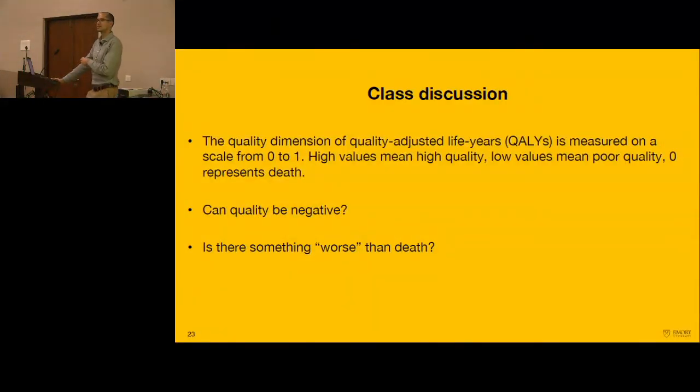All right, so another class discussion. The quality dimension is measured on a scale from 0 to 1. High values mean high quality, low values mean poor quality, 0 means death. Can quality be negative? Or in other words, is there something worse than death?